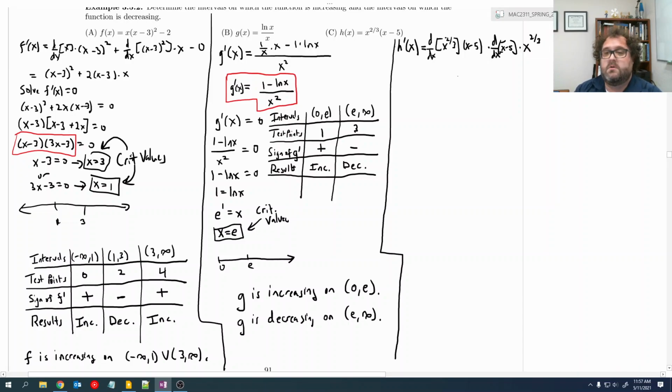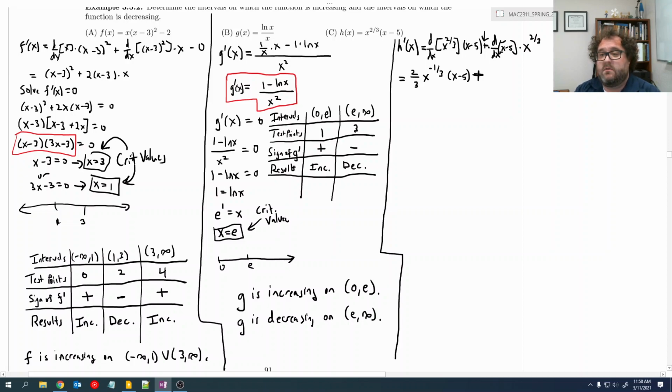Okay? Well, let's take these individual derivatives. What's the derivative of x to the 2/3? You do the power rule: 2/3, x, and then you reduce the original power by 1, so you get negative 1/3, times x minus 5. And then, of course, oh, you know what? I didn't put a plus here. A plus, sorry about that. Don't lose the plus.